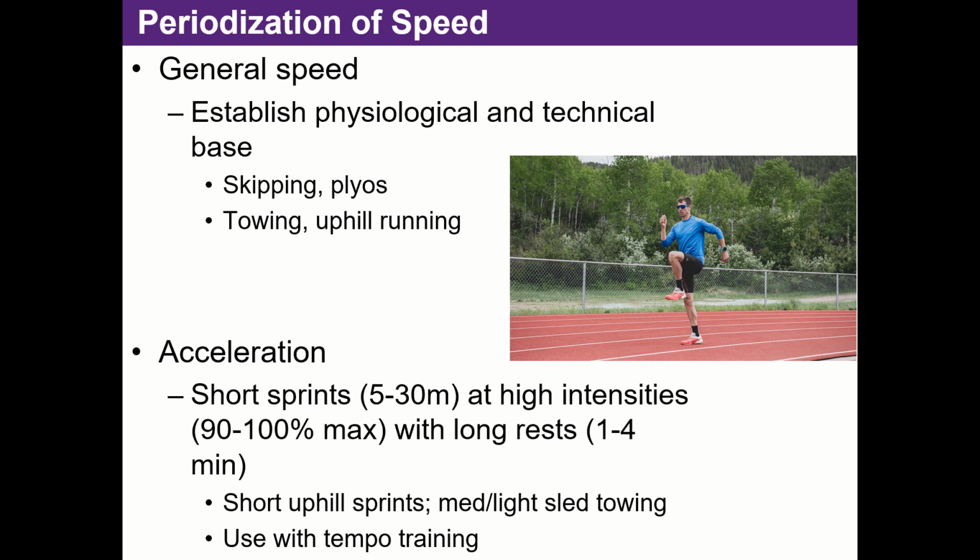The bottom thing, tempo training, there are some chapters from a book that I'll have to scan in that'll be useful when we talk about endurance training. So there's a really useful book if you're interested in developing good endurance athletes.